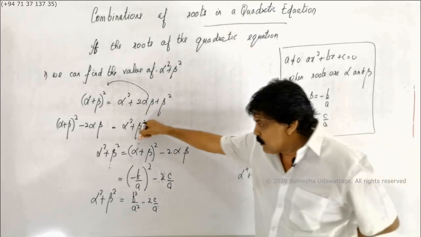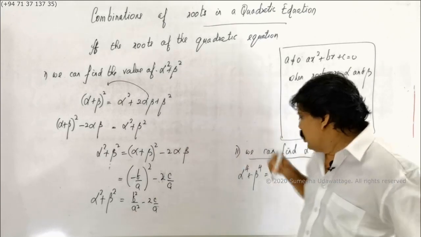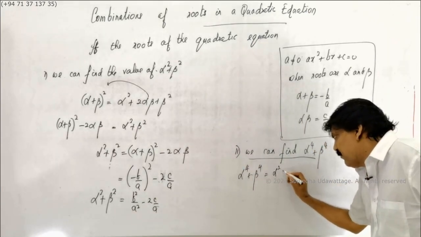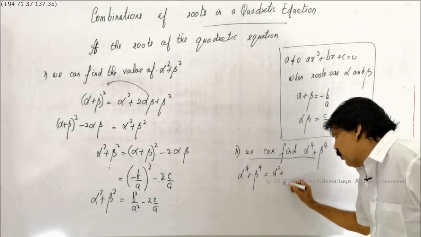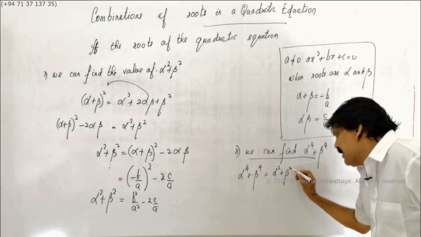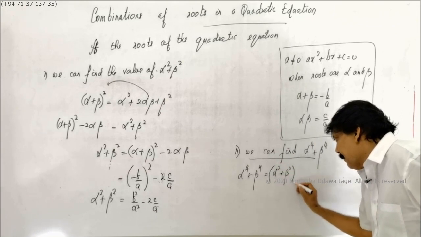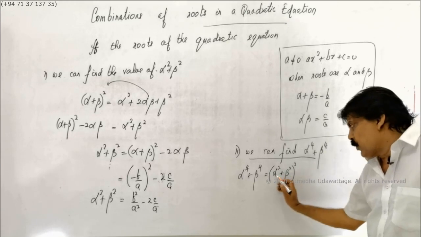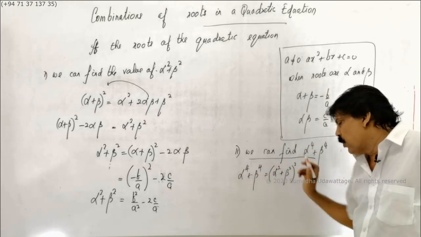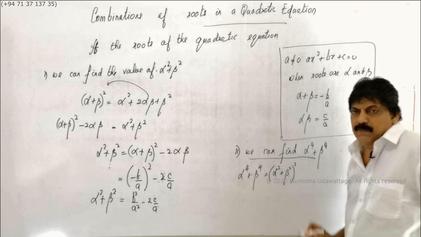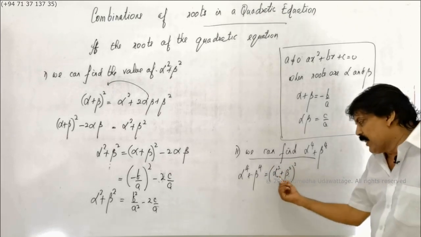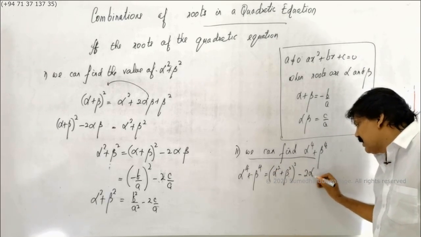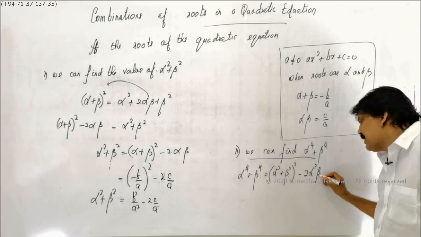Observing this expression, you take alpha square, beta square, and then you square it. Alpha square squared, you get alpha 4, beta square squared, you get beta 4, and the middle value, 2 alpha square beta square, is not here, therefore I would write minus 2 alpha square beta square.